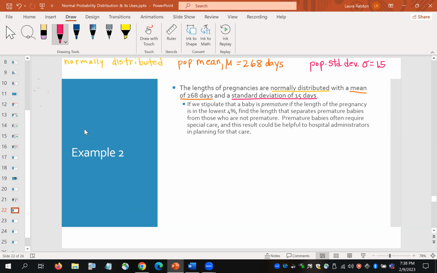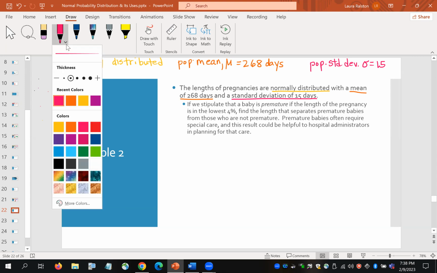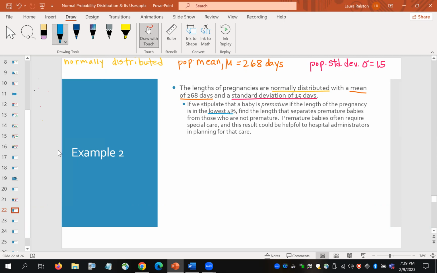It says, if we stipulate that a baby is premature if the length of the pregnancy is in the lowest 4%, find the length that separates premature babies from those who are not premature.